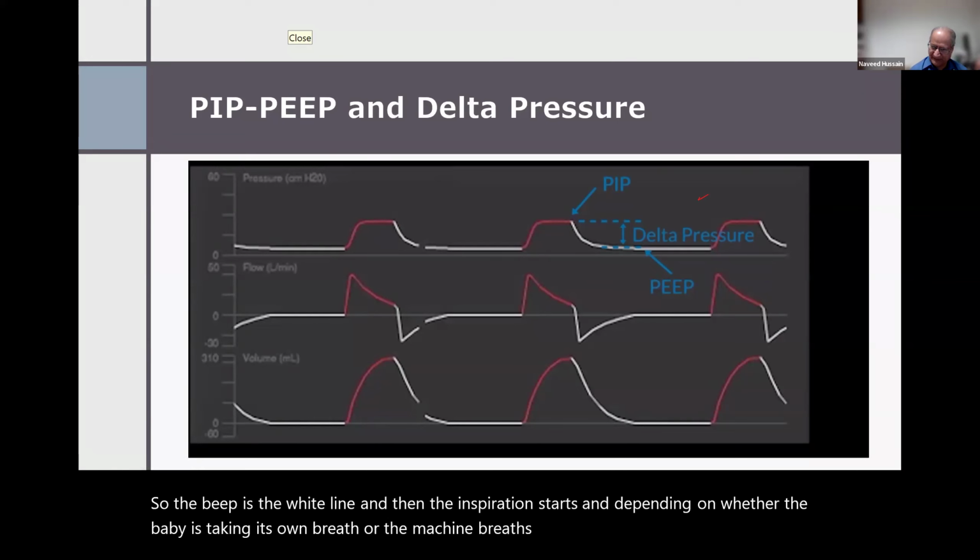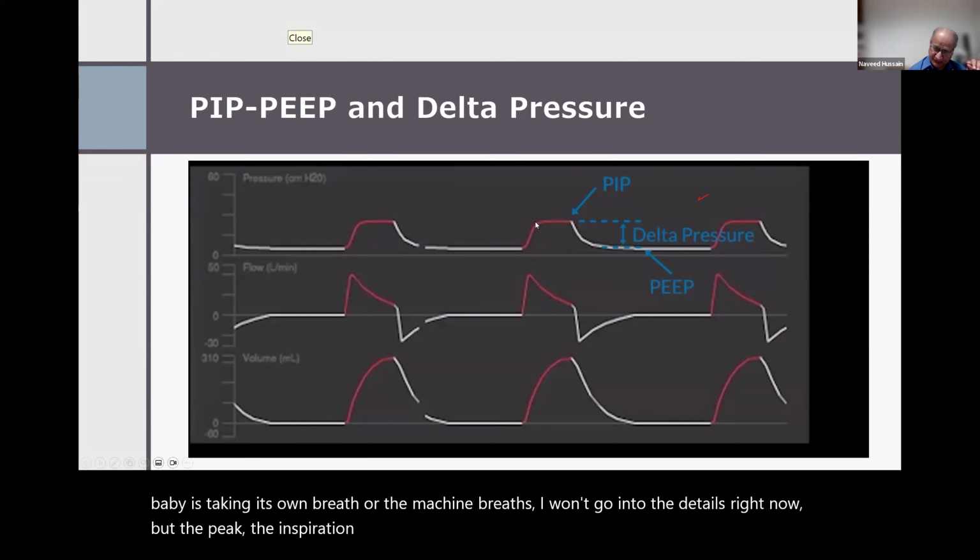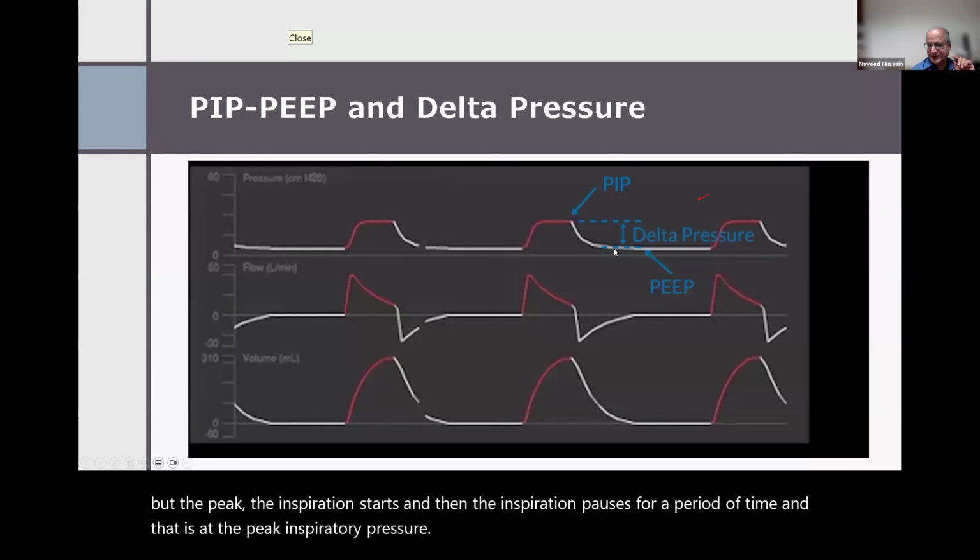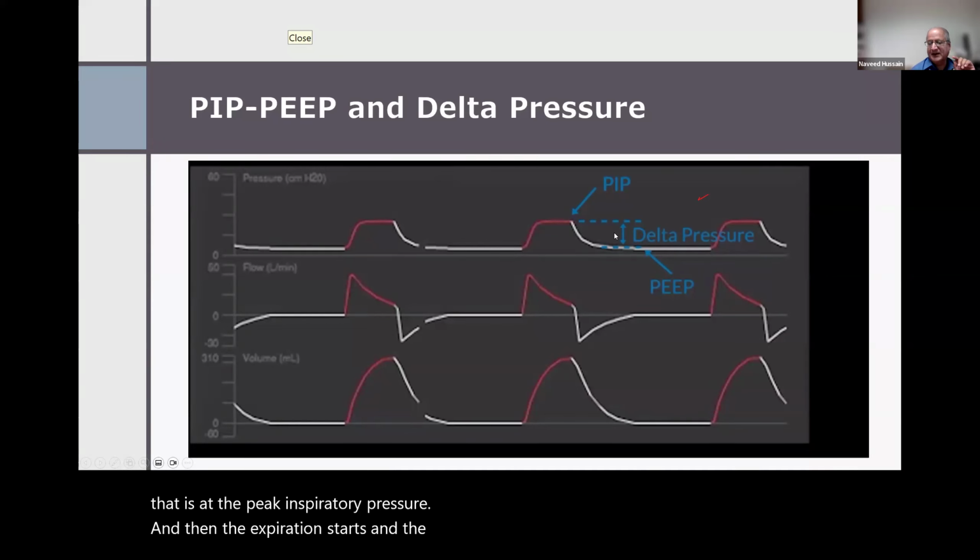I won't go into the details right now. The inspiration pauses for a period of time at the peak inspiratory pressure, and then the expiration starts, and the delta pressure.